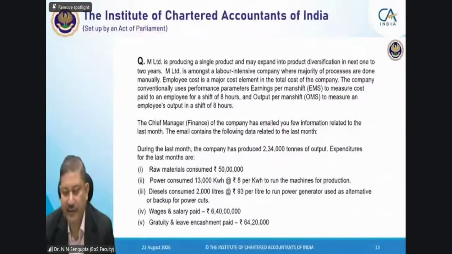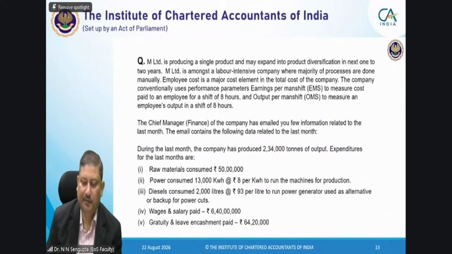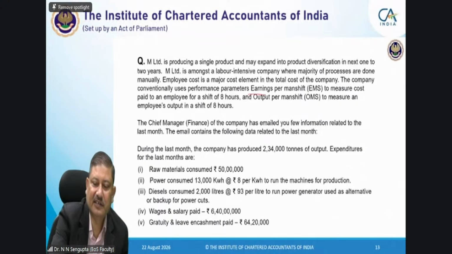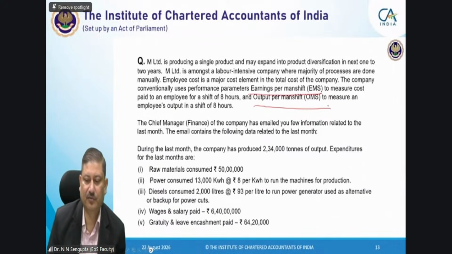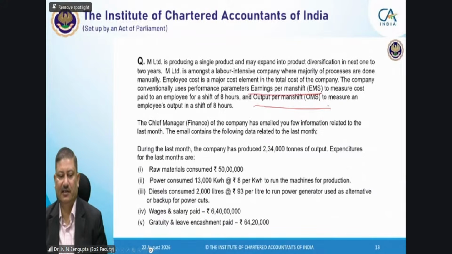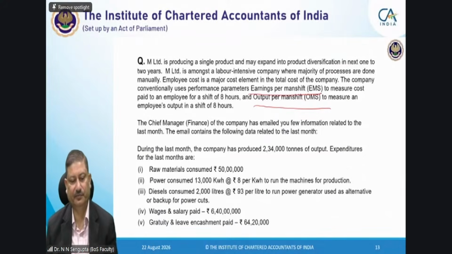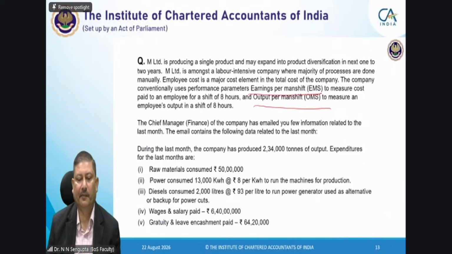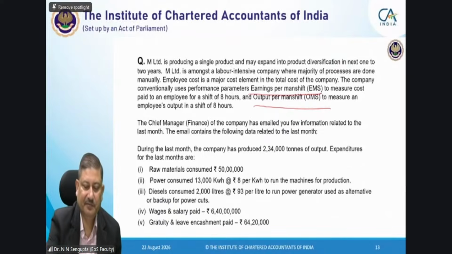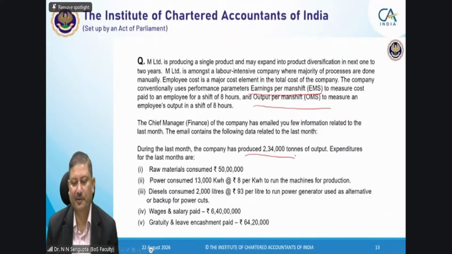You can read line by line. Two important parameters are given: earning per man shift, and another one, output per man shift, to measure an employee's output in a shift of 8 hours. Last month's output is given, produced this many tons.